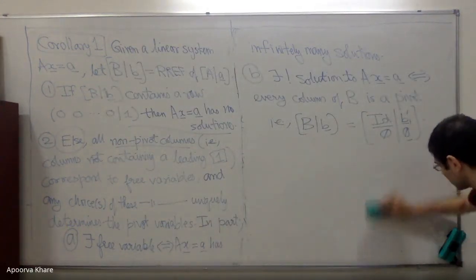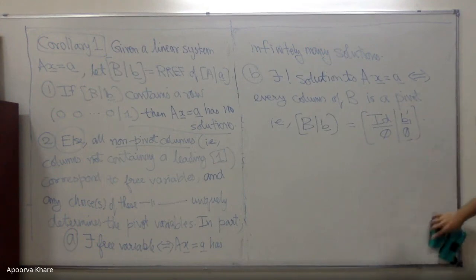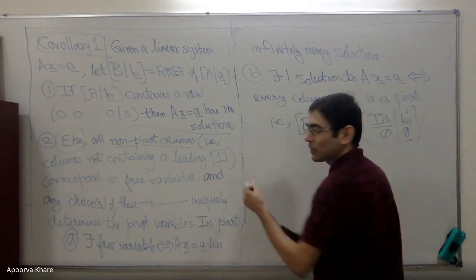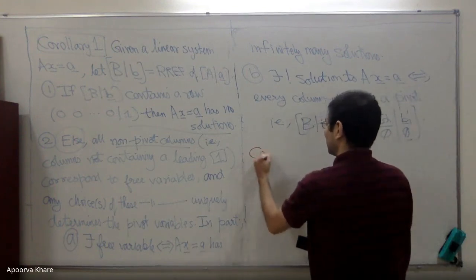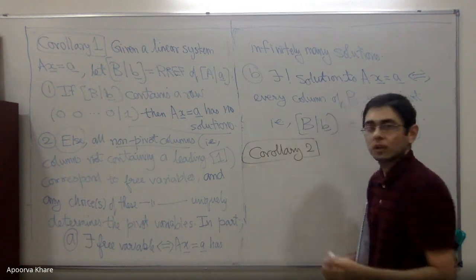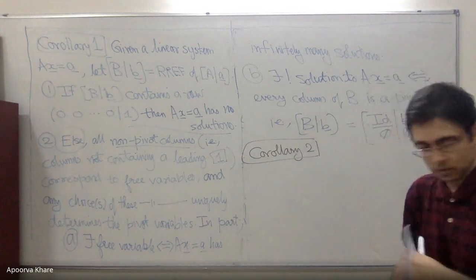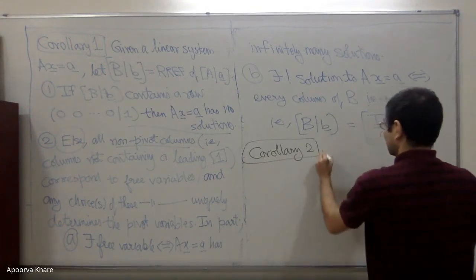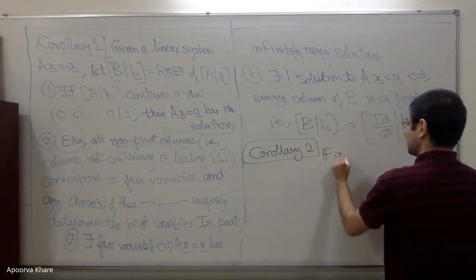Now in the rest of the lecture, I will use black ink, not blue, from my fresh marker pen. Let us write this down. Corollary 2. This is the thing about matrices being invertible. F is any field.